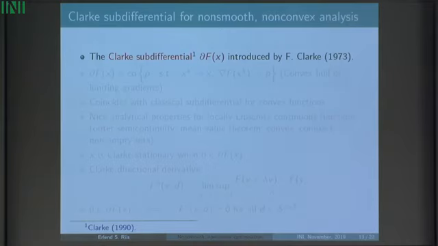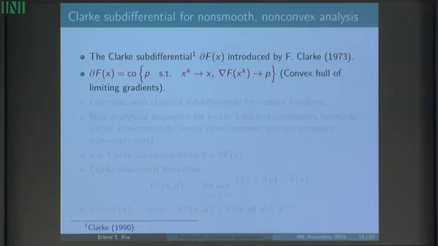Right, so in order to prove anything about this method in a non-smooth, non-convex setting, we need a notion of stationarity for non-smooth, non-convex functions. And for this we have the Clarke subdifferential, which is a quite good framework introduced by Clarke in '73. Essentially, if you have a function that's locally Lipschitz continuous, then you can characterize its first-order behavior as a subdifferential, which is essentially the convex hull of all limit sequences of gradients in a neighborhood.